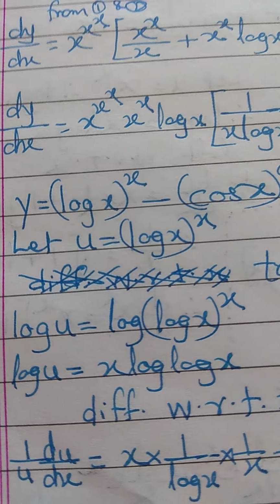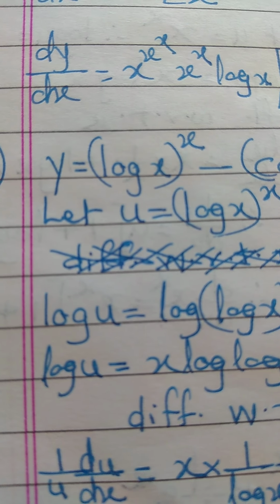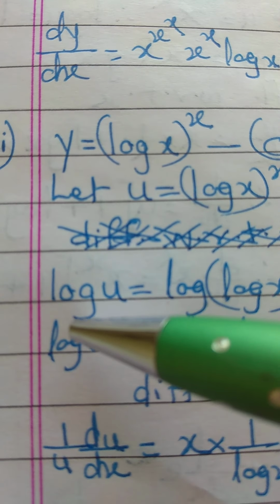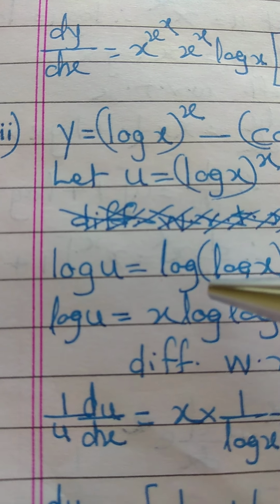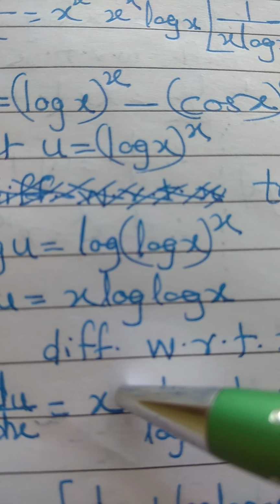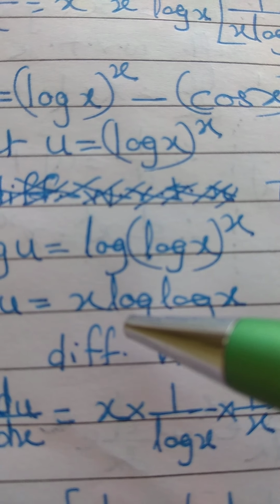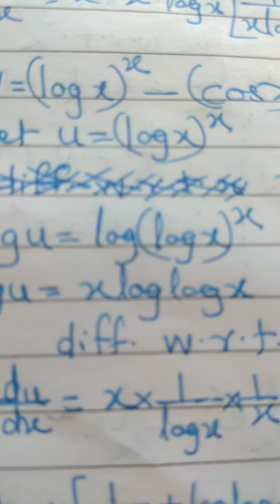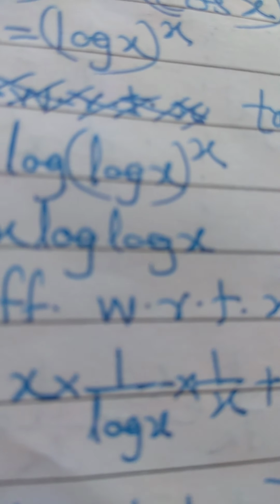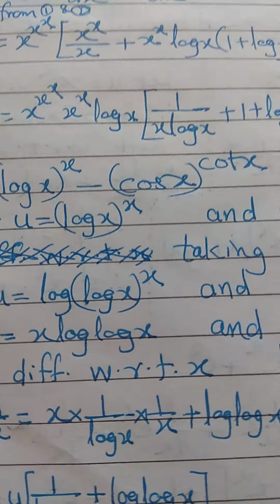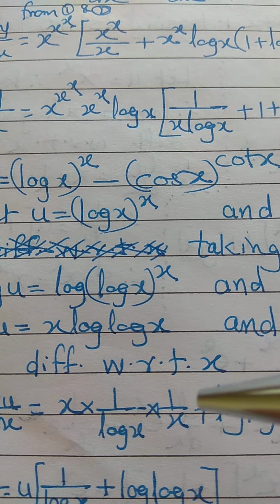Now differentiating with respect to x, we have the derivative of log of something is 1 upon that thing. Derivative of u will be du by dx. First function x will be as it is. Now derivative of second function, that means log of x, will be 1 upon log of x into derivative of log of x, and the derivative of log of x is 1 upon x.